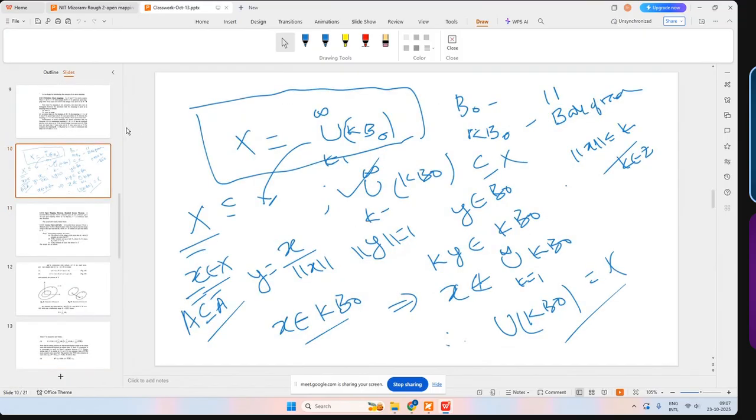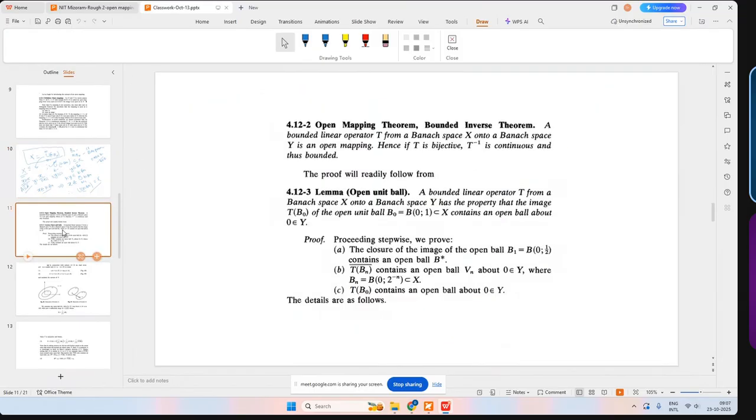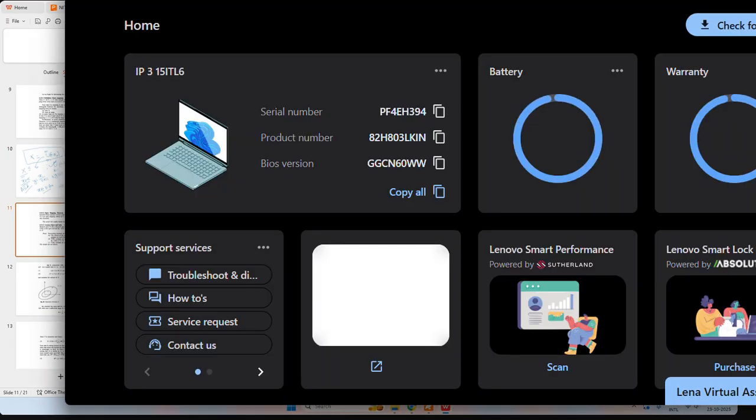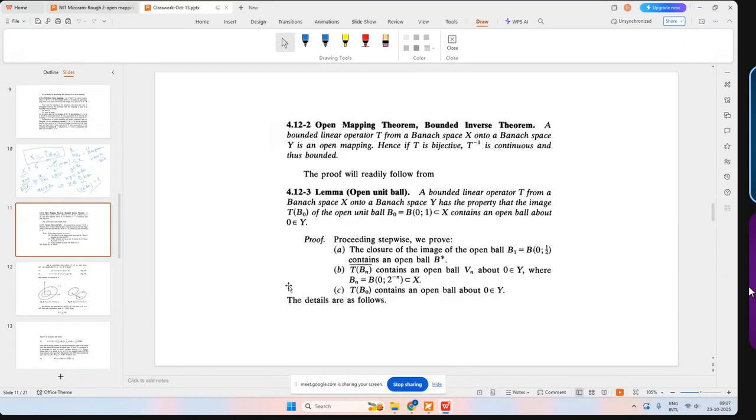So what it says is, if T is a bounded linear operator from X onto Y, it's onto, then the image TB naught, that is the image under T, the map that is going to be in Y, will contain an open ball around 0 in Y. So T0 will go to 0, therefore 0 is in Y. So if you take a ball around 0 in the space X, then there is a small ball around 0 in the image, namely TB naught.